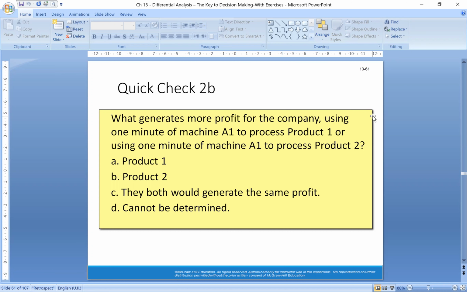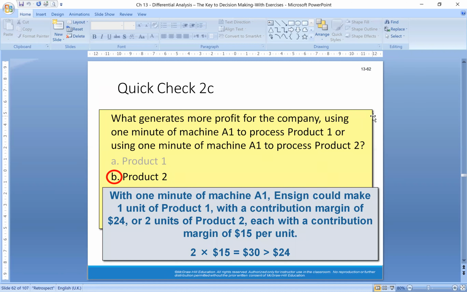With 1 minute of machine A1, the company makes 1 unit of product 1 with a contribution margin of 24. That's why you should be careful about the contribution margin. We are looking for the contribution margin for the machine, not the contribution margin for the product.